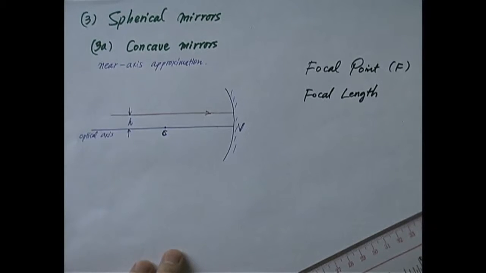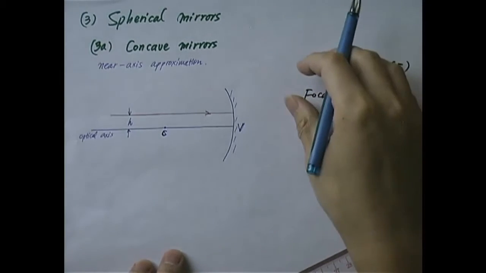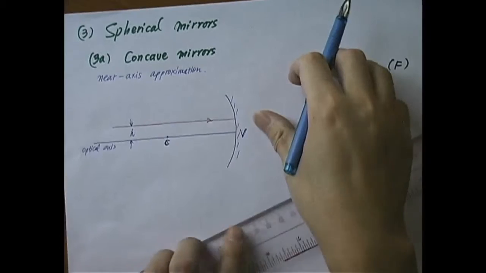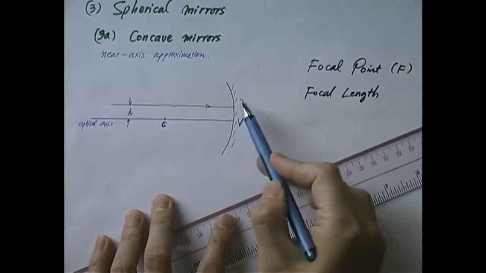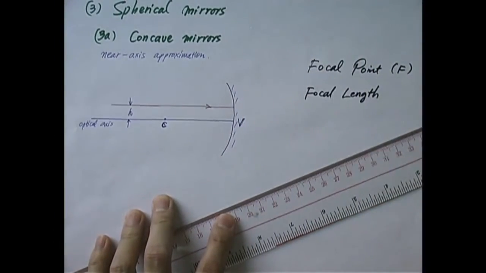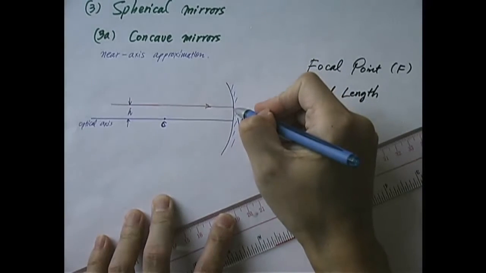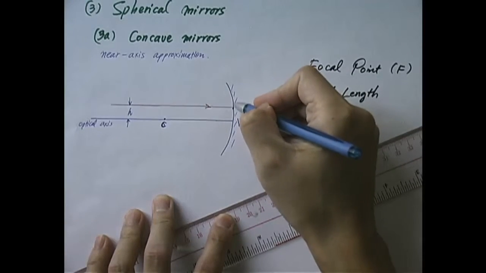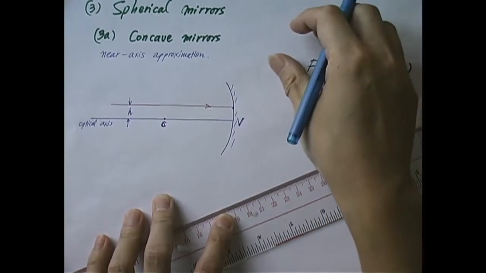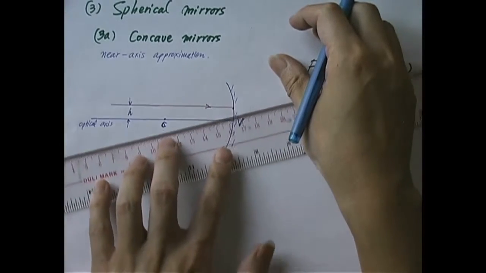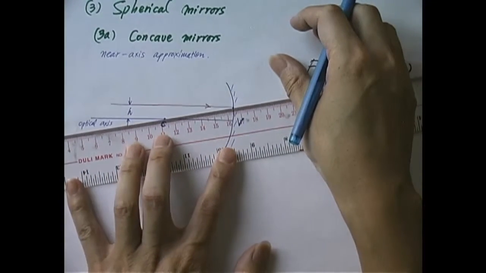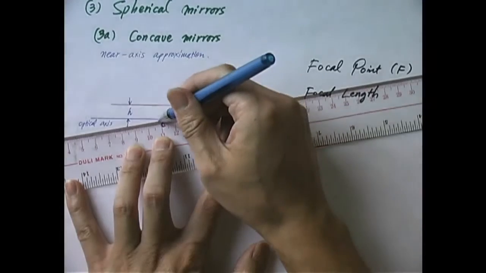So what does Snell's law tell us? Here's the incoming beam. First I need to find the local normal of that part of the surface. From simple geometry, since this is part of a sphere, that is the normal line right here.